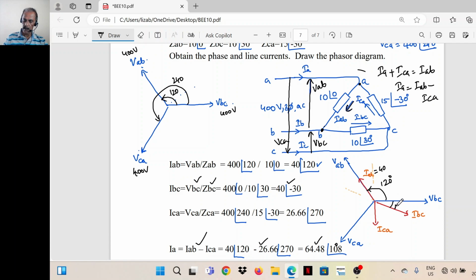This is 30 degree. ICA is 26.66 angle 270, so this angle will be 90 degree, positive it is 270. These are the phase currents. I'll mark the angles separately, otherwise it will be too congested.